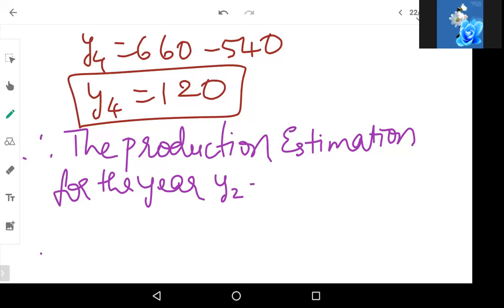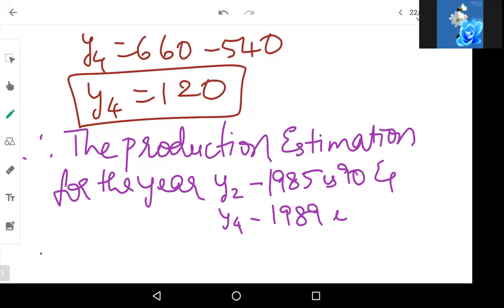Y2 was which year? 1985 is 90, and y4 was which year? 1989 is 120. So this is how you solve the problem where you have two missing data.